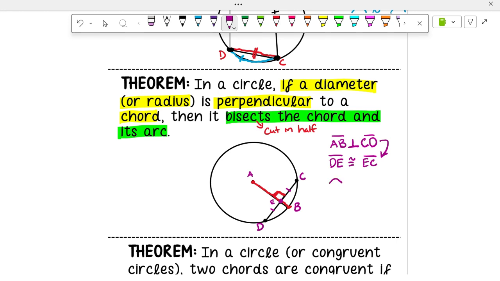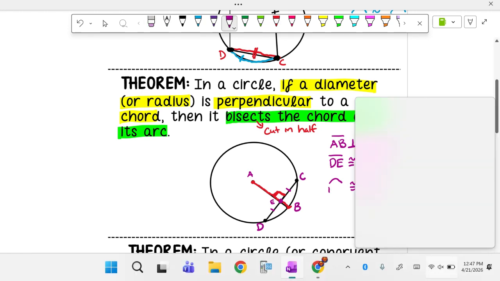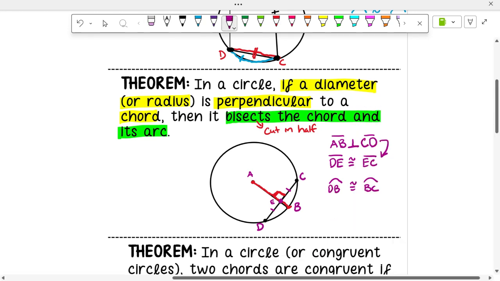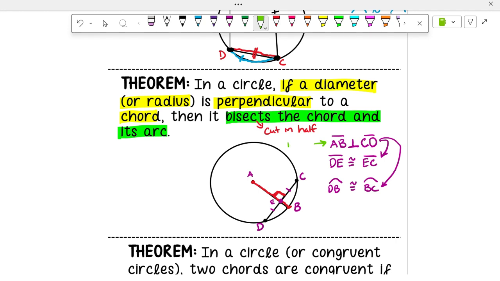And arc DB is congruent to arc BC. So those measures are the same. So as long as that radius or diameter, so again, AB has to be a radius or diameter.